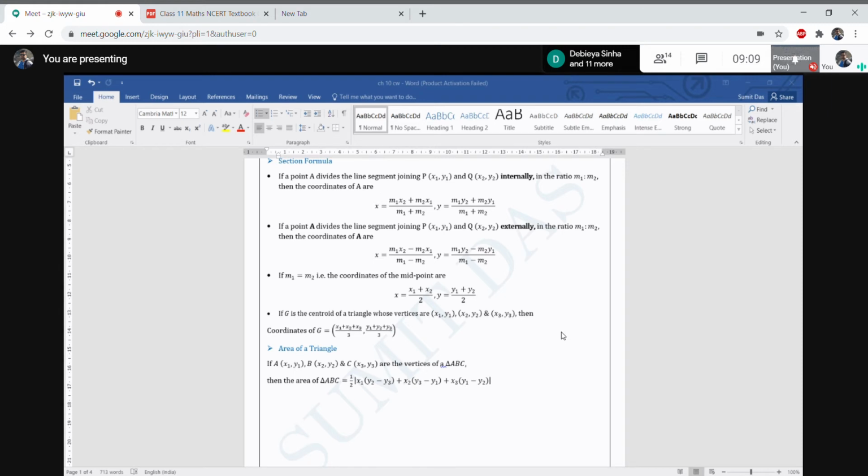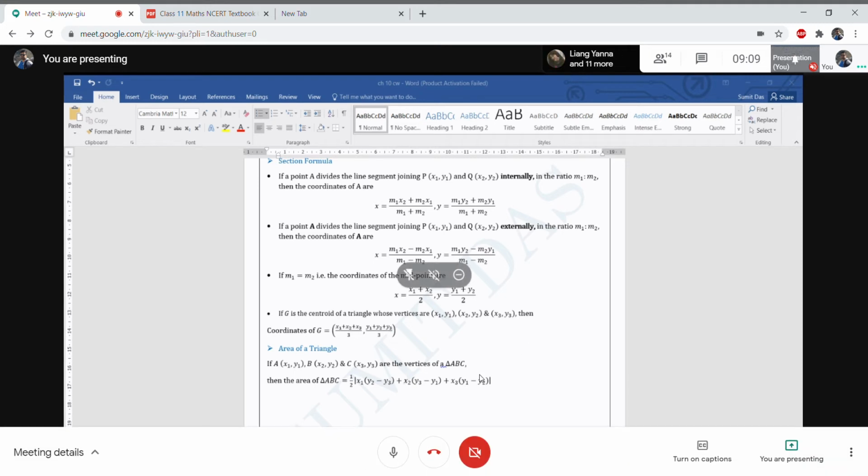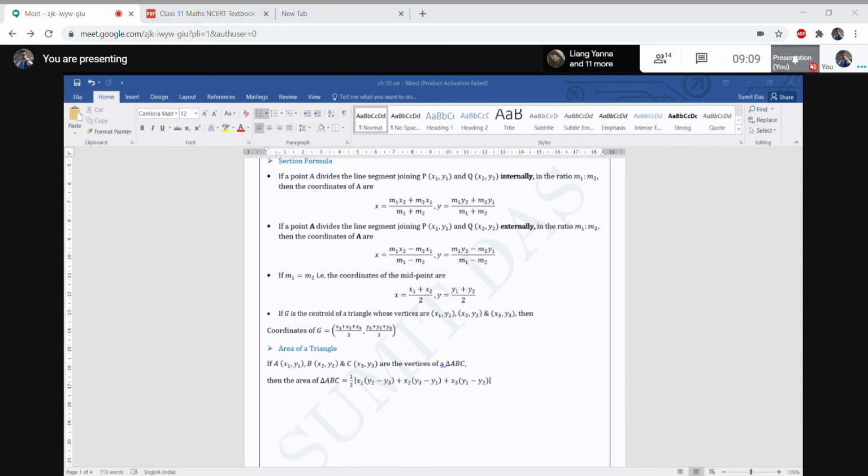Centroid is the point in a triangle where all the medians intersect. That is the centroid.